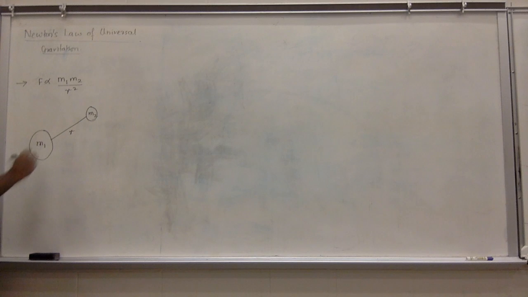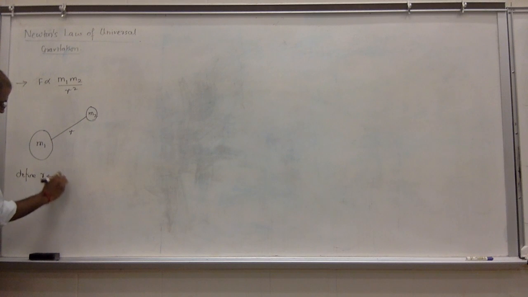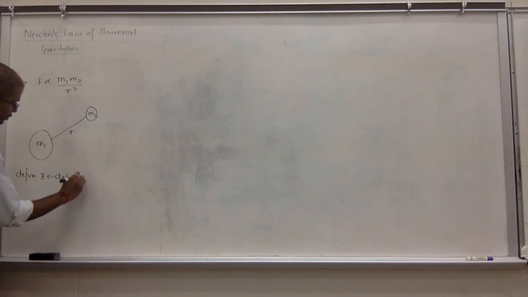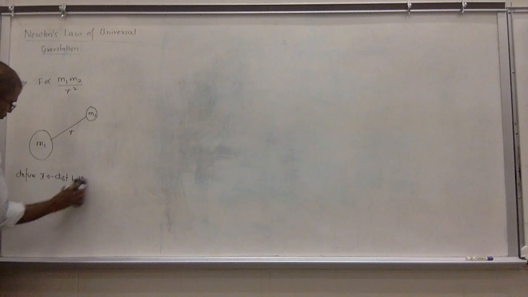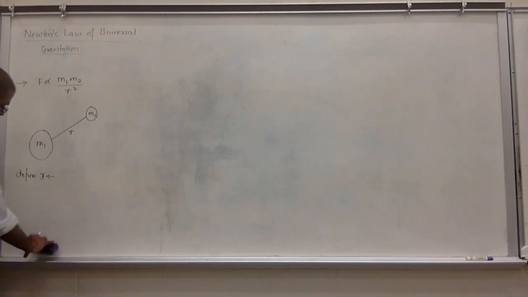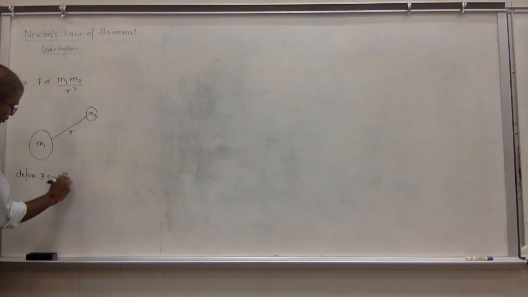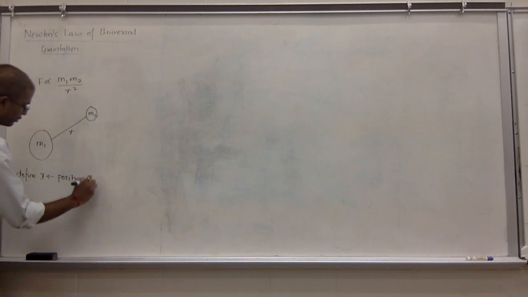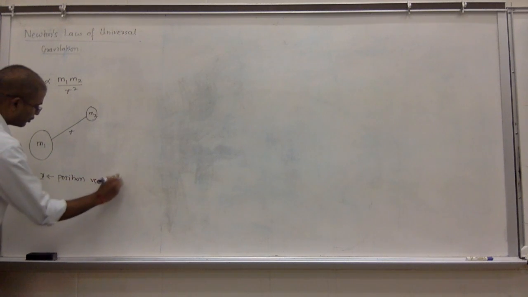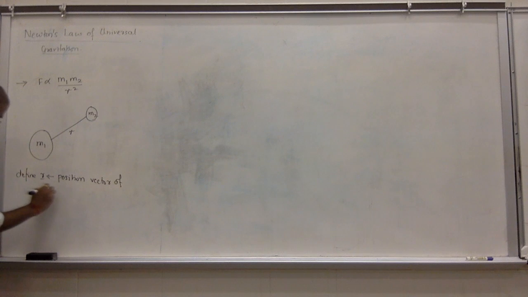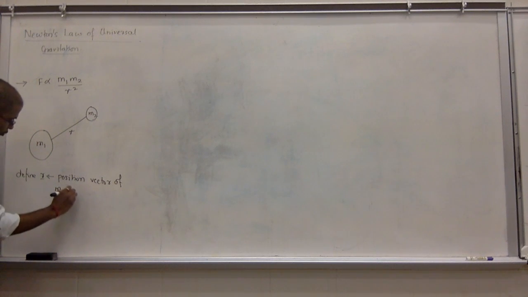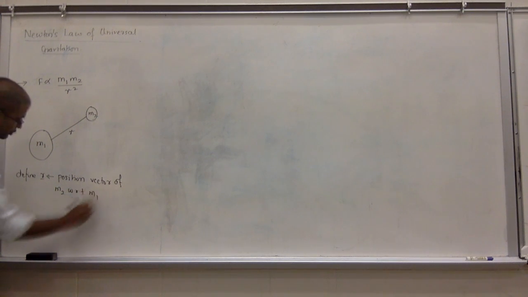So if you define this R, not as the distance between, you can define R as the position vector of M2 with respect to M1.